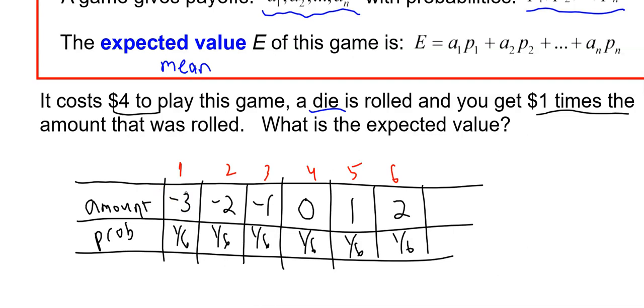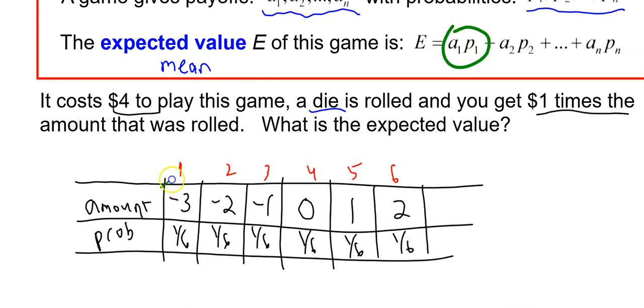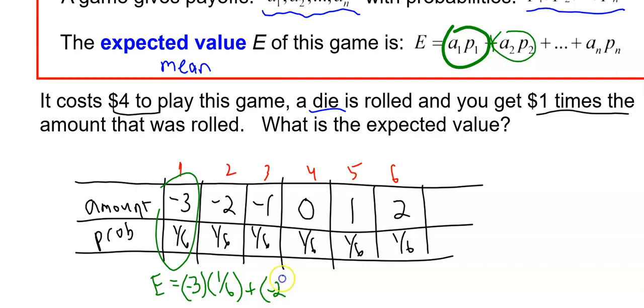The way this formula works is you're basically taking the amount times the probability. So E equals negative 3 times 1/6, plus the next amount times the next probability, so plus negative 2 times 1/6, plus dot, dot, dot.